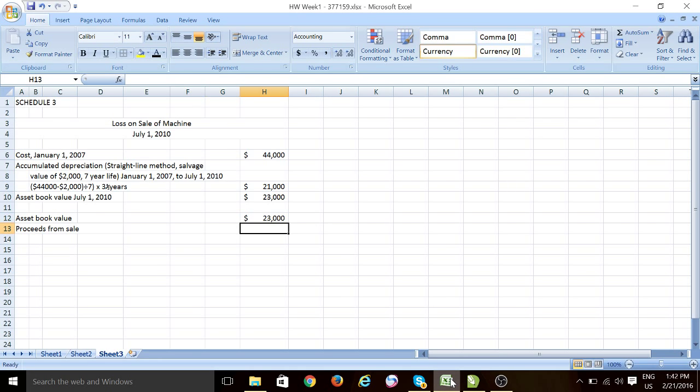So we got 20,000 here. And then here you can finally calculate the loss on sale, which is the asset book value minus the proceed on sale. So you got 3,000 losses.